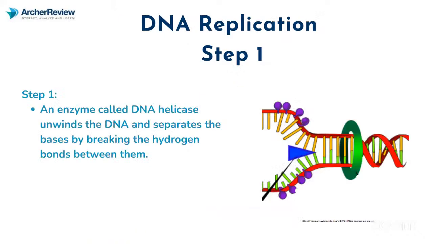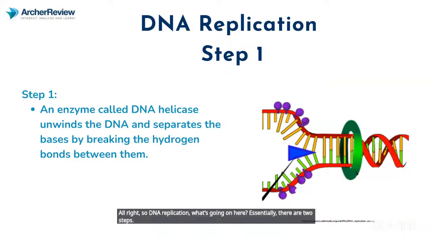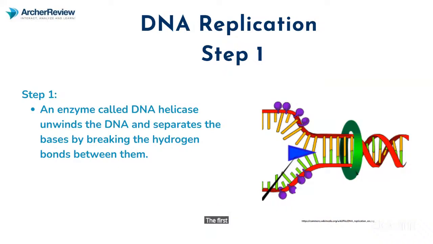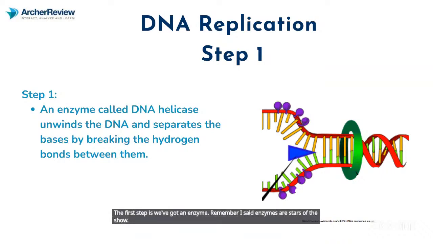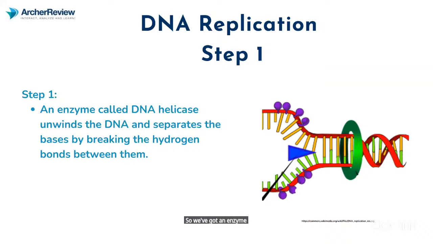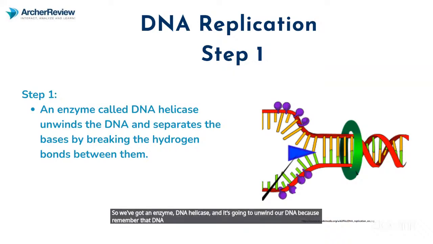All right, so DNA replication, what's going on here? Essentially, there are two steps. The first step is we've got an enzyme. Remember, I said enzymes are stars of the show. So we've got an enzyme, DNA helicase, and it's going to unwind our DNA, because remember that DNA is a spiral double helix.